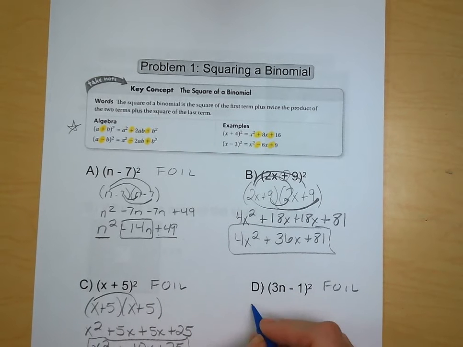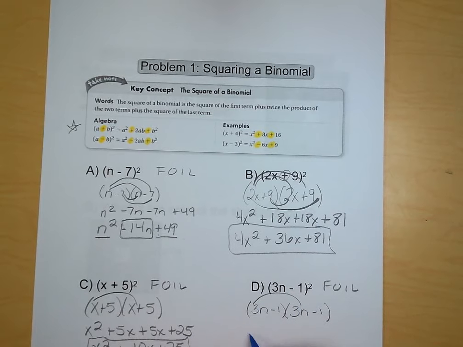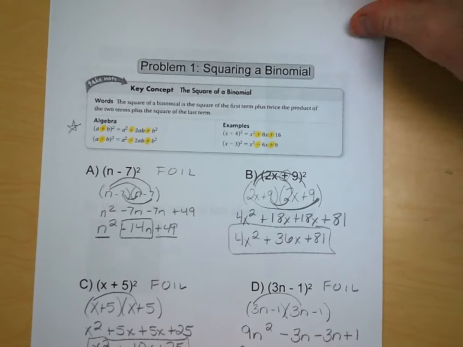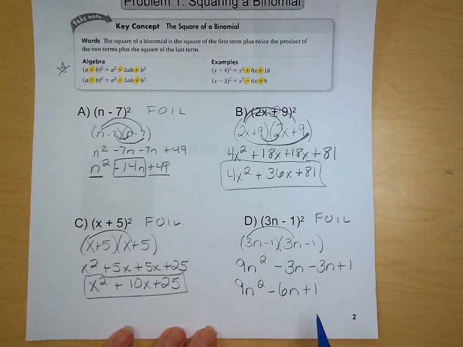Our last example, 3n minus 1, the quantity squared. So 3 times 3 is 9, 9n squared, minus 3n, minus 3n, plus 1. When we combine our like terms, 9n squared minus 6n plus 1.